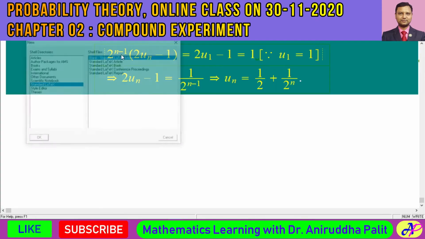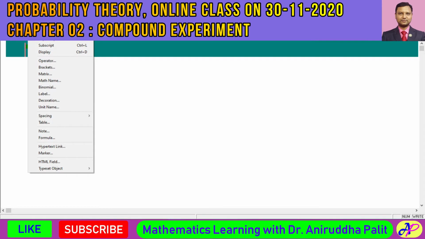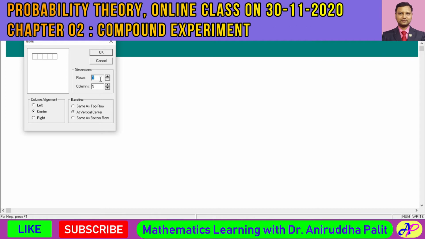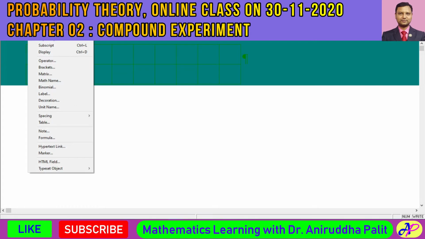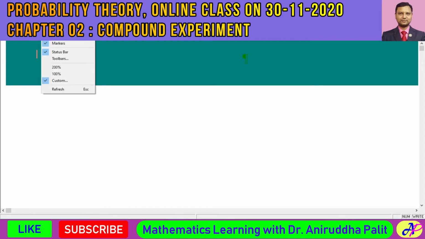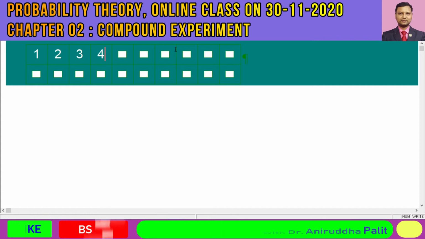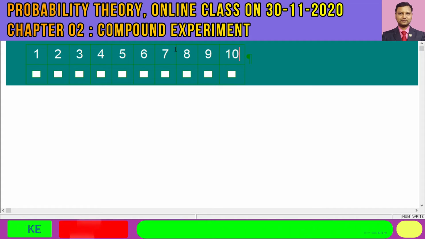Suppose we have 10 matches in a stick. 1, 2, 3, 4, 5, 6, 7, 8, 9, and then 10.